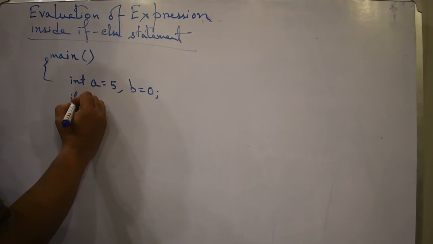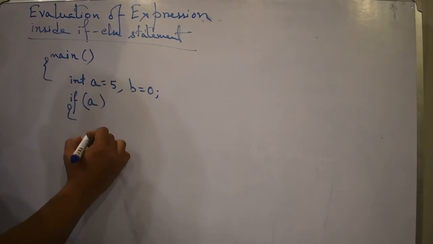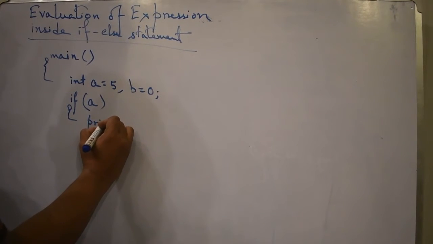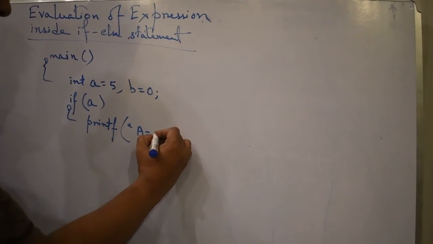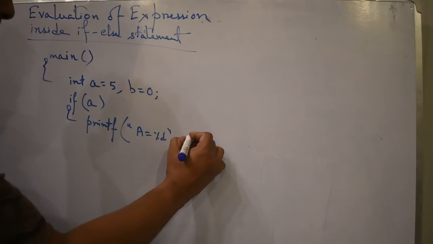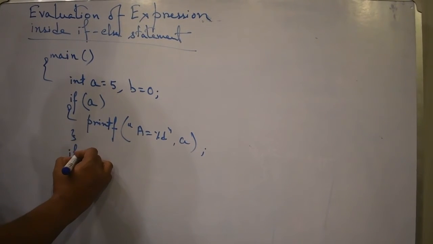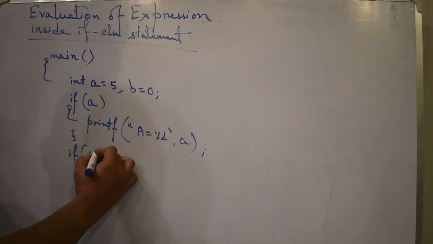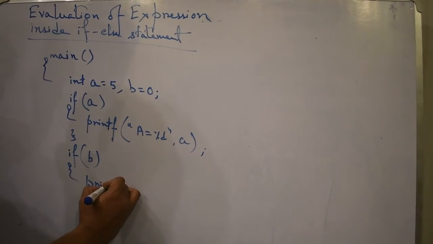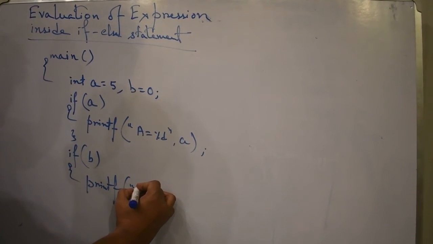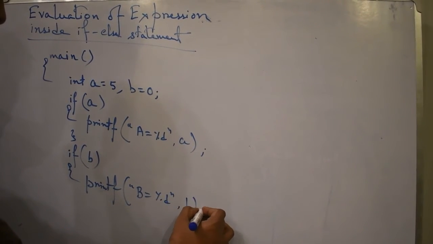And I am writing like this: if a, then printf a equals a, and then I am writing another if where I am giving b, then again printf b equals b. So what will be the output here?